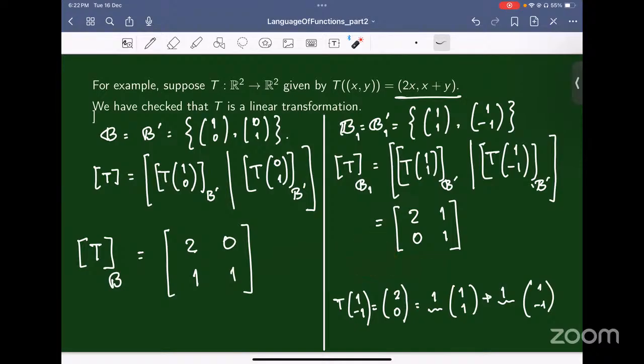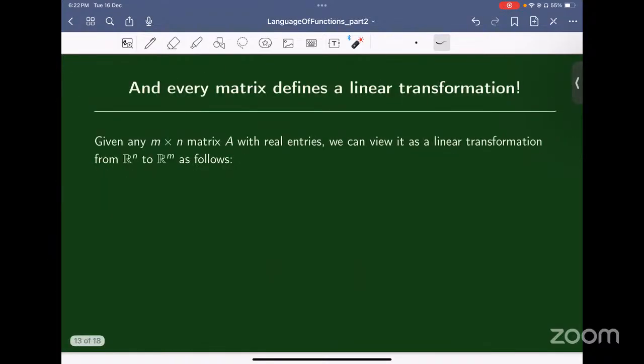All right, moving on, we saw that every linear transformation has a matrix formulation. The converse is also true. Every matrix can be thought of as a linear transformation. And this is a very important property.